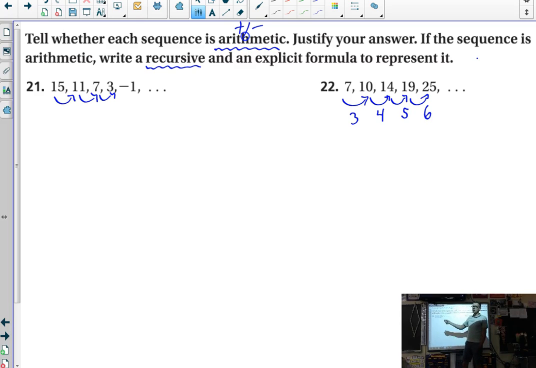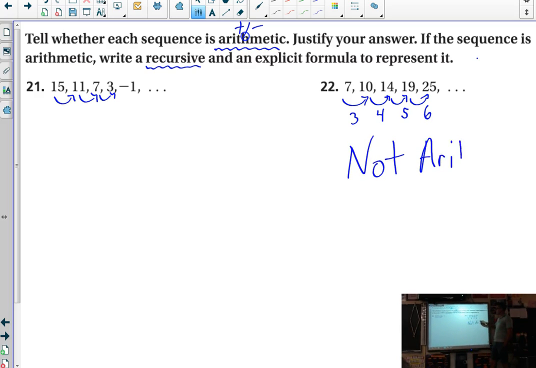I would say the number I just had minus 4. That'd be the recursive. But we have to talk about how to say the number that I just had. Well, that's n, but it says the sequence is arithmetic, and it's not arithmetic. So you actually get off the hook on this one. You can just write not arithmetic. I forgot that in Math 1 we let you stop when it gets that hard. In Math 2, we'd make you write it out.